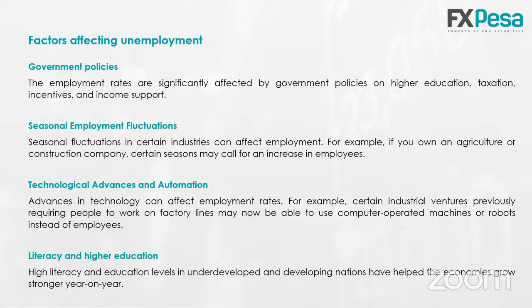So depending on the number of people who are educated, or depending on the literacy levels in the economy, the taxation policy that a particular government implements, again, the incentives that it extends to different sectors of the economy, all those things may tend to affect the rate of employment or the growth of the number of jobs.